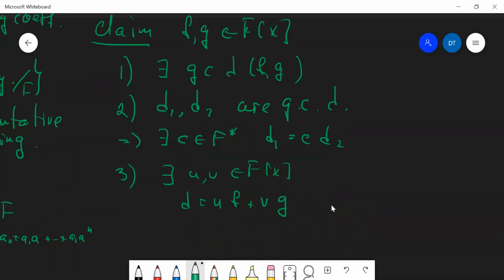Yes. Okay. Just in case, the proof here is exactly the same as the proof in case of the integer numbers, and you use the Euclidean division algorithm, in exactly the same manner as you do it for the integers.